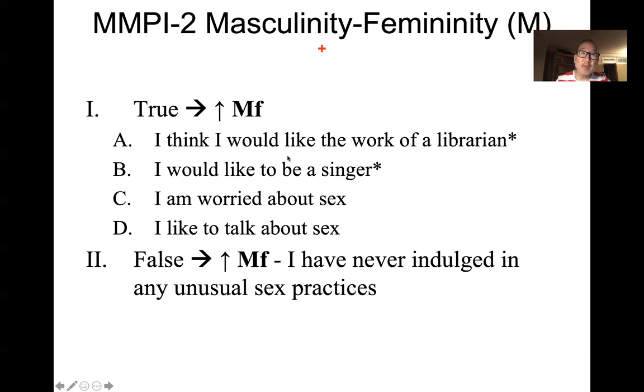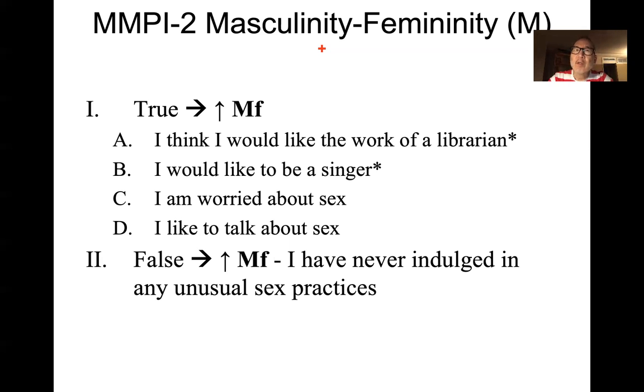Although there are some odd items like this one. I would like to be a singer. If you endorse true, it increases the scale. Or, I think I would like the work of a librarian. If you endorse true, that increases your MF scale, suggesting you endorse stereotypical masculine behaviors. Those items seem a little odd. You wouldn't think that endorsing true on those items would increase the scale.